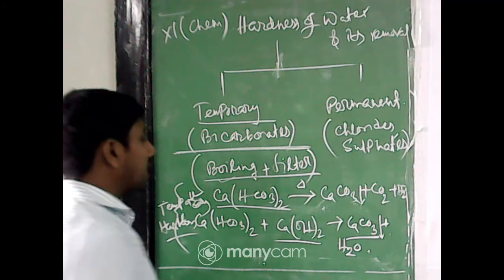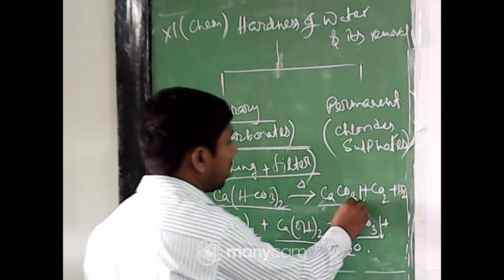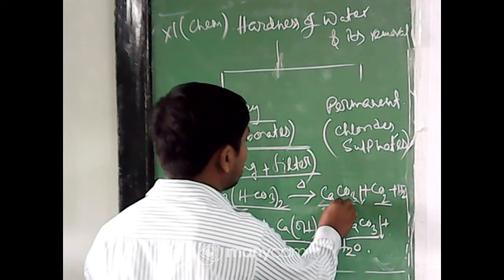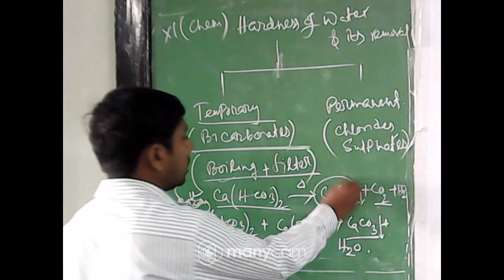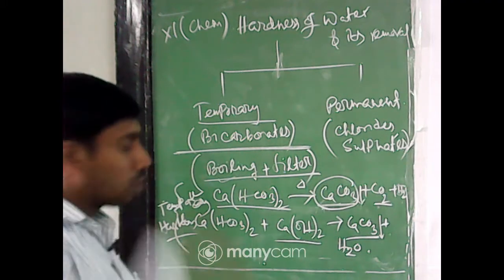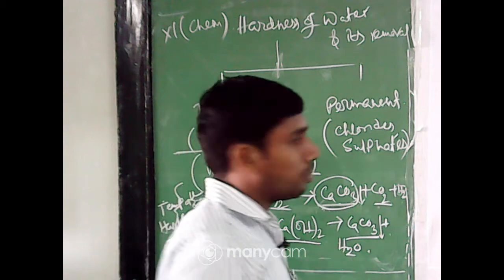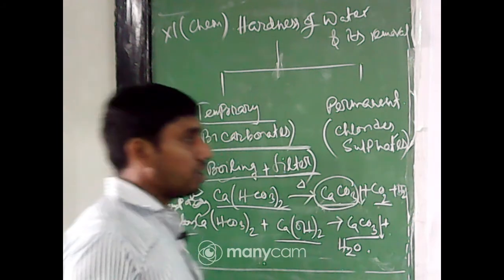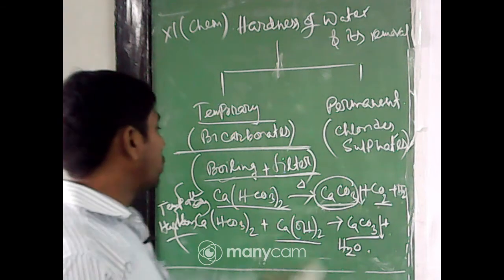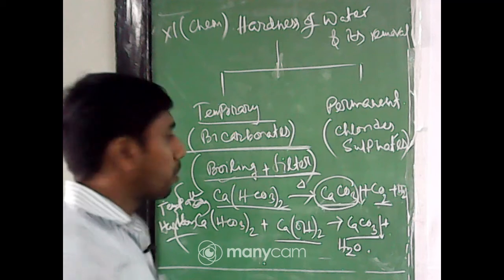When we boil it, that means we heat the substance, and it breaks down to produce CaCO3, calcium carbonate, carbon dioxide and water. Now CaCO3 is insoluble in water, and our medium is water, so using filter paper or the filtration method, we can separate out calcium carbonate. CO2 is gaseous and will evolve from the system.